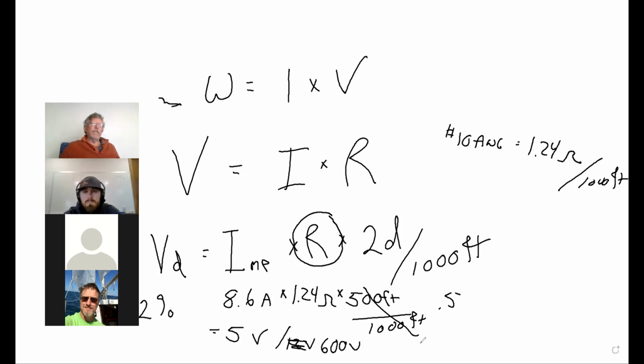So this is the whole concept of voltage drop. It's just Ohm's law adjusted for distance. And we reduce our voltage drop by going with bigger wire, shortening the distance, or increasing the voltage of our system. Those are pretty much the options we have available to us.